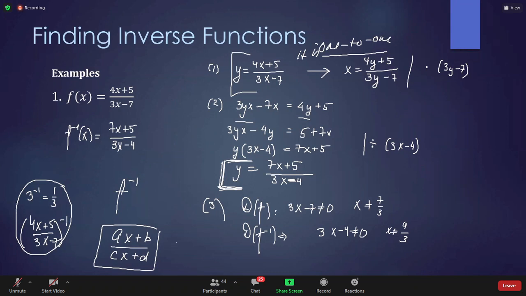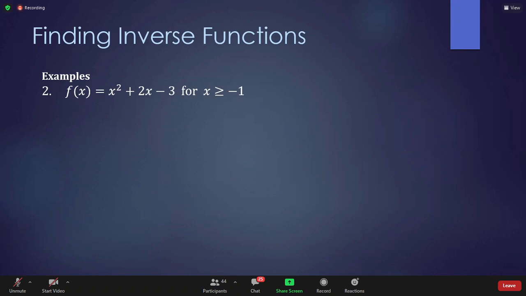Now, next. Another example for finding inverse function, a quadratic function. And you see that I have marked the domain for this given function. The given function has domain from -1 to plus infinity. In other words, we don't have the complete function.